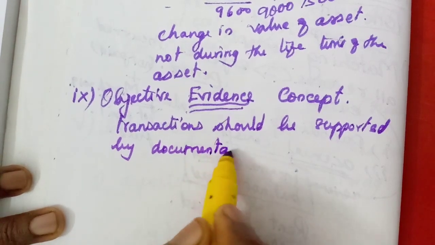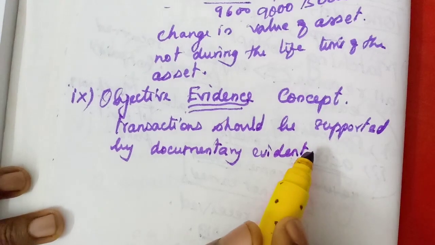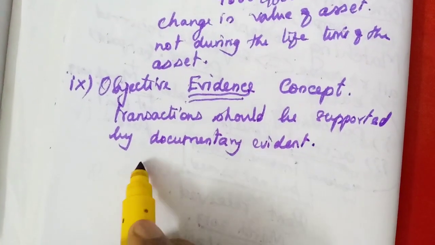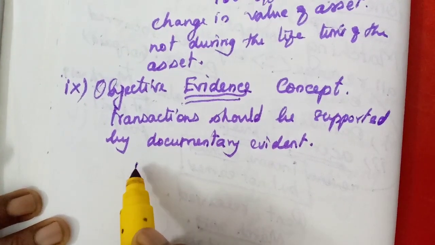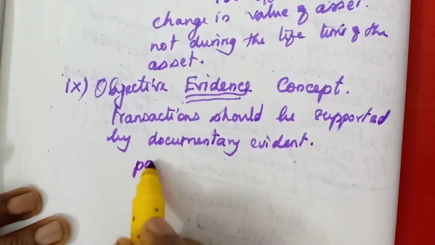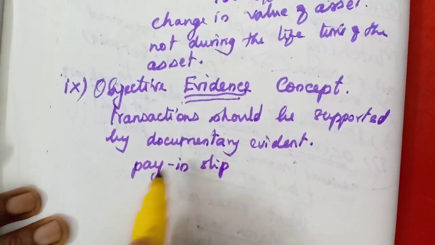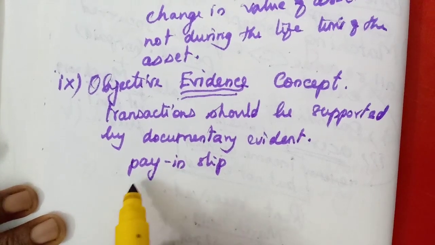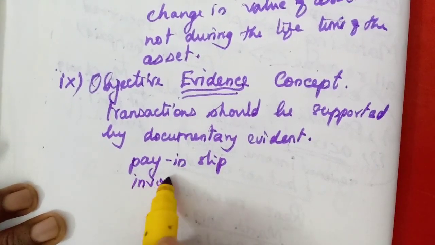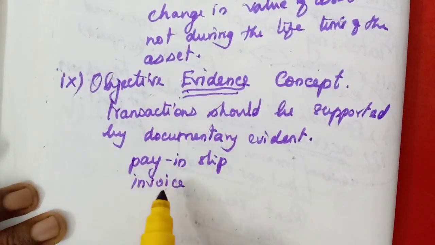We know many documentary evidences. We know the cash receipt, pay in slip. If they deposit money in the bank, what is the documentary evidence? Pay in slip. One slip will be there, bank pay in slip. Or if we purchase on credit or sell on credit, the invoice, which I have explained today in the beginning, that invoice will be the documentary evidence.